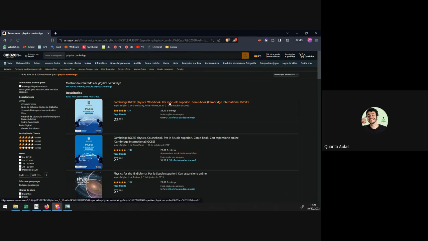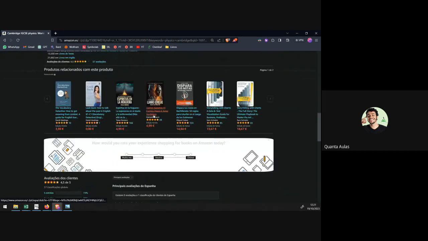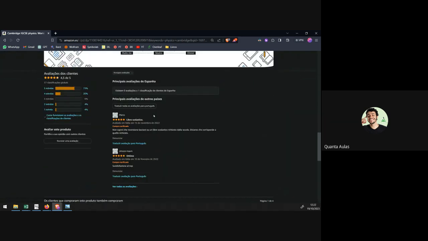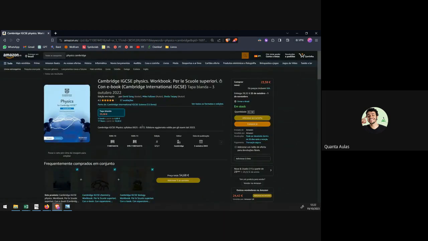Physics workbook. Seems to me it is English, but have a lot of Italians commenting here. But I suppose it's English, international, so English edition. 23 euros. It is very cheap. But I suppose you can get a download today if you try.